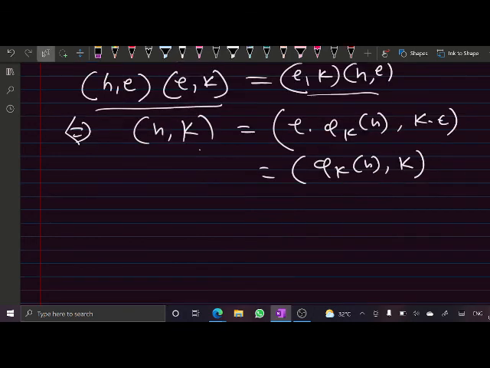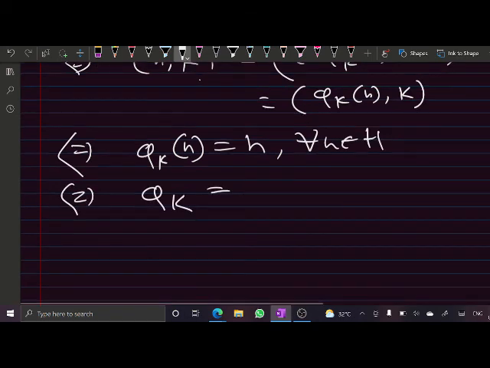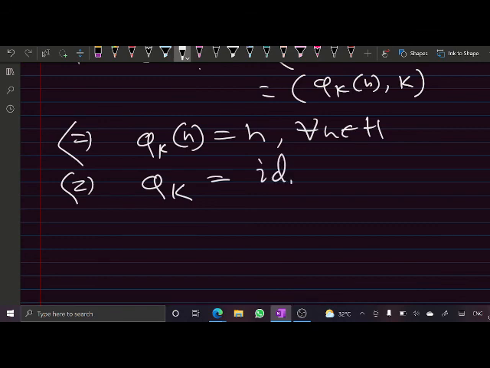Now these two are equal if and only if phi_k(h) equals h for all h. That is, if and only if phi_k turns out to be the identity automorphism.